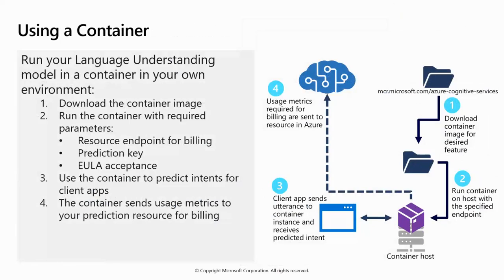First, you download and deploy the container image for the cognitive services API you want to use. This could be a local Docker server, an Azure container instance, or Azure Kubernetes Service. Then the client application sends data to the endpoint provided by the container for the service and gets the results, just like with a cognitive services cloud resource in Azure.